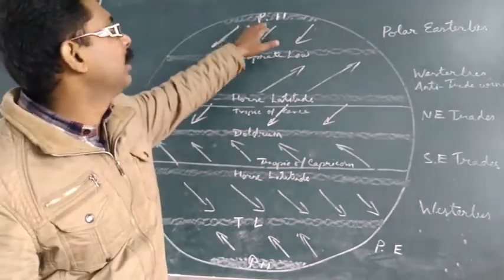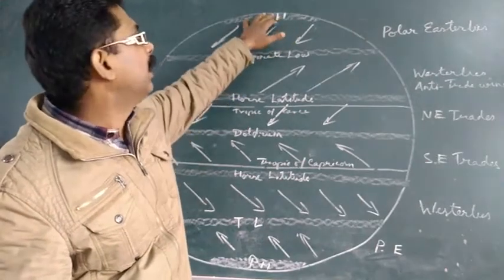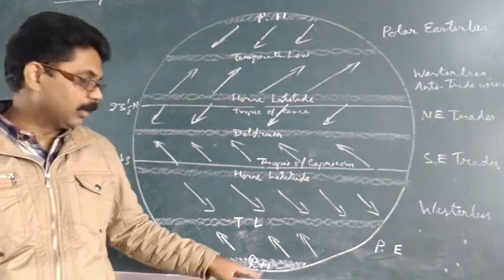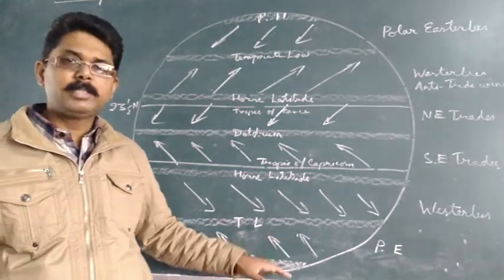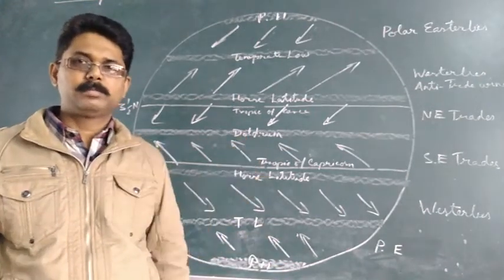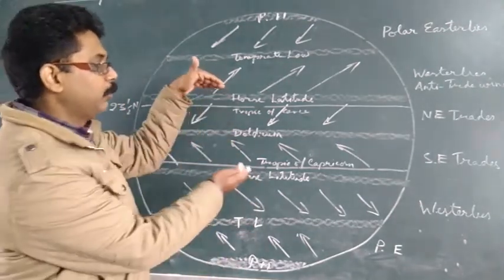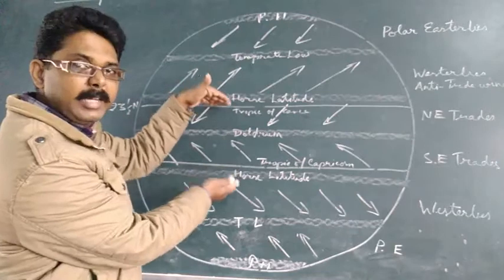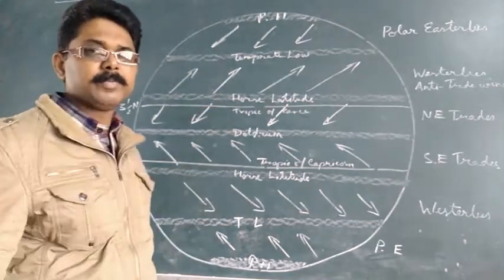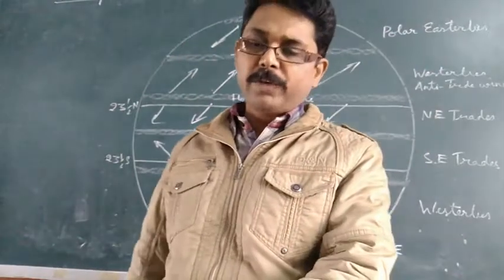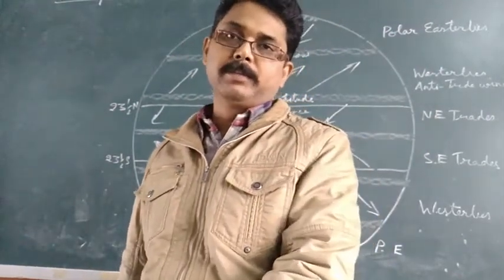Here the polar high pressure belt region expands. But in the southern pole, the polar high pressure belt becomes small, compact. So even the position of the winds is slightly shifted. This whole thing is called the seasonal shifting of pressure belts.